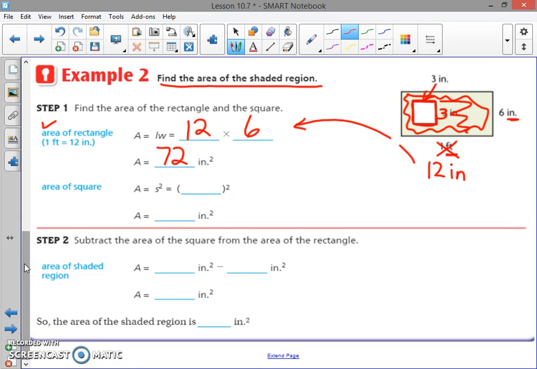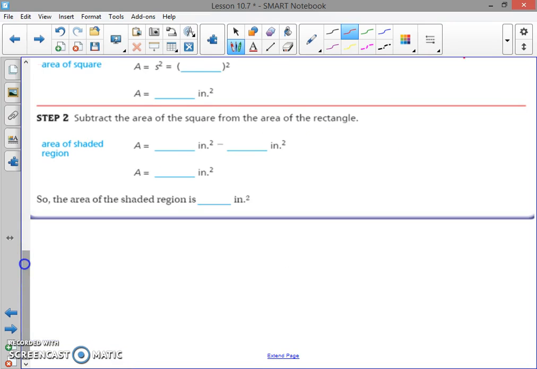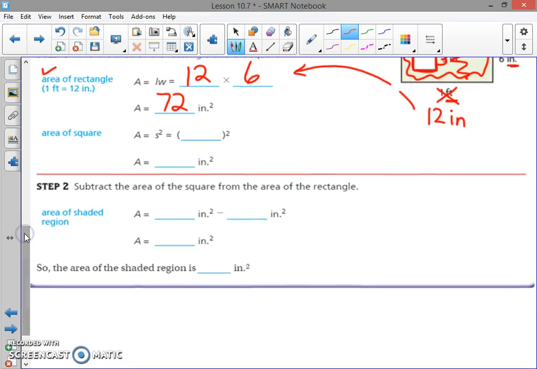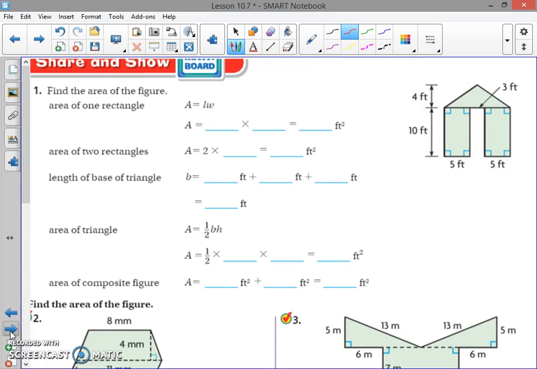So wouldn't I find that area and then subtract it out from the rectangle? Okay, so side squared would be 3 squared, which would be 9. Okay, and then you have to subtract out the area. So you have 72 inches squared minus 9 inches squared will give you 63. So then the shaded region would just be 63 inches squared.